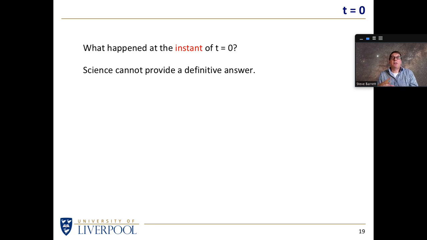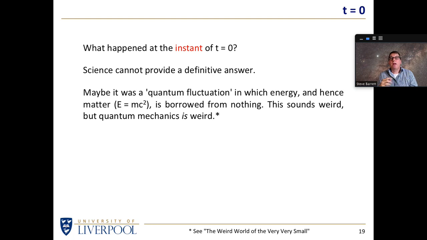But we have studied small objects in the laboratory through a theory called quantum mechanics that tells us how things behave on a very small scale. And quantum mechanics tells us that it is possible for so-called quantum fluctuations to effectively borrow energy from nothing and use that energy to make particles.